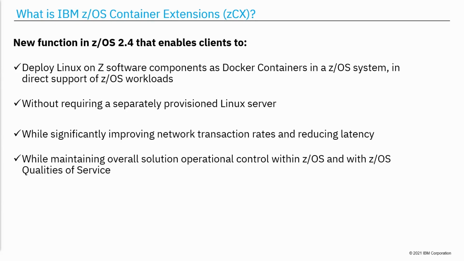I want to be able to control and manage both parts of that application without having to coordinate with some other non-zOS sysprog, for example, to govern when I have a planned outage. How is that Linux application going to interact when I move that application, for example?